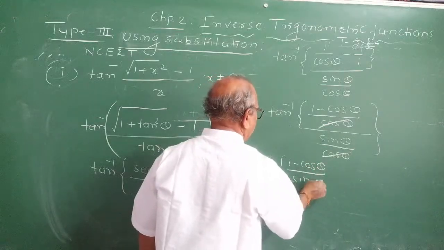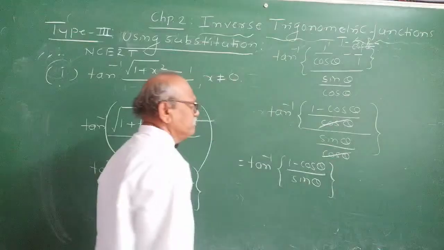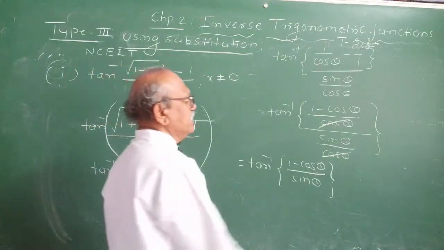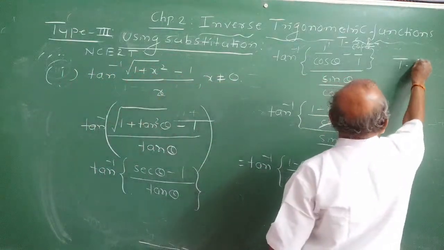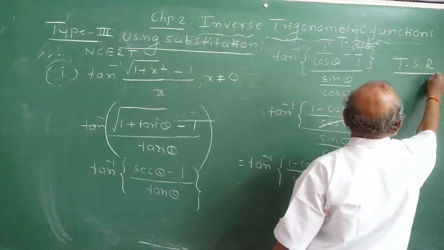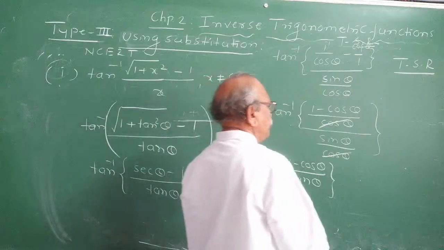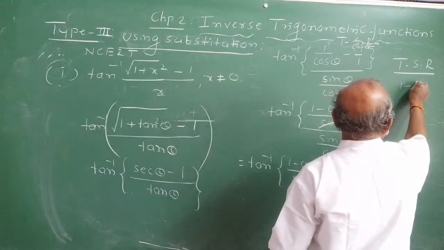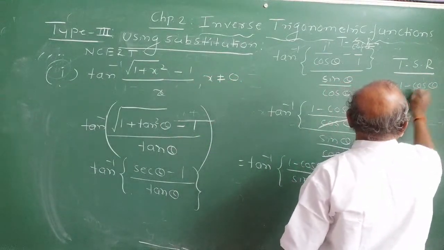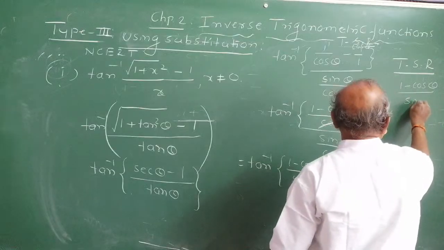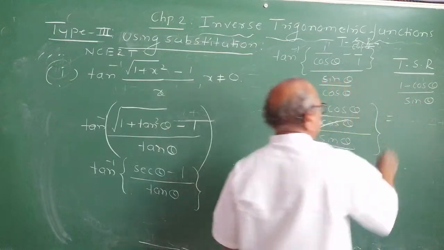We will prepare a time saving result, a TSR, for this. In the rough you can find it out and note it down. Go on giving numbers; they will help you. Keep it in your diary. 1 minus cos theta divided by sin theta. We'll prepare a shortcut to this.